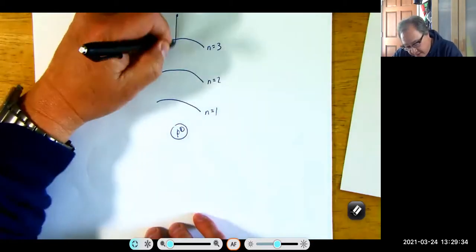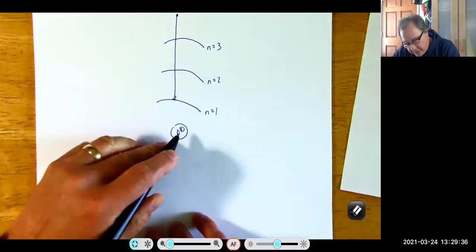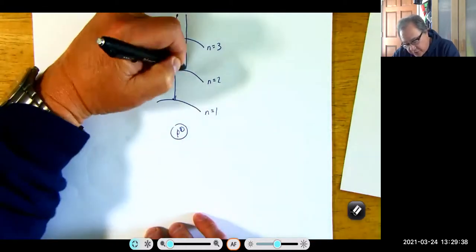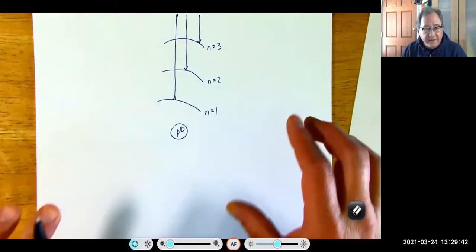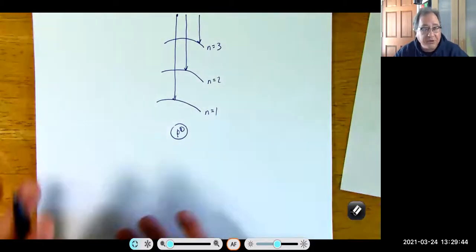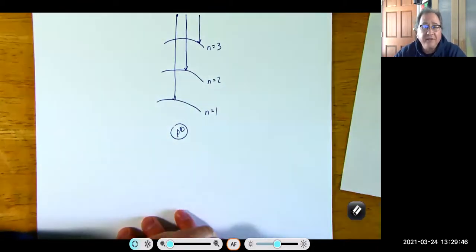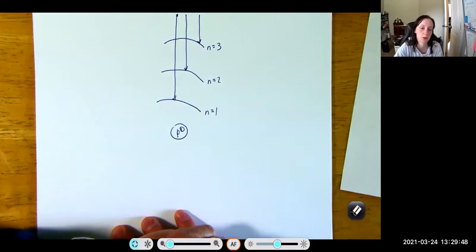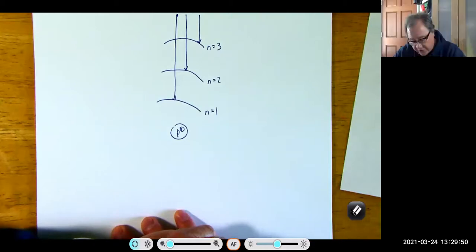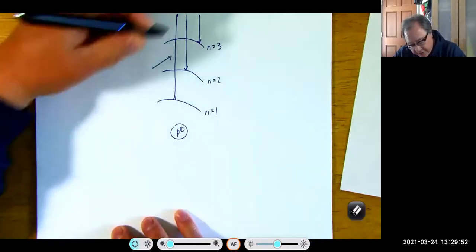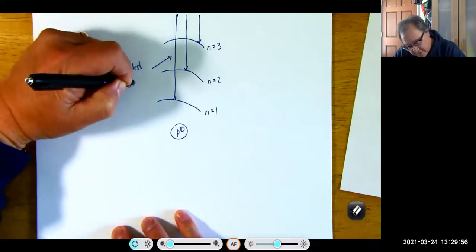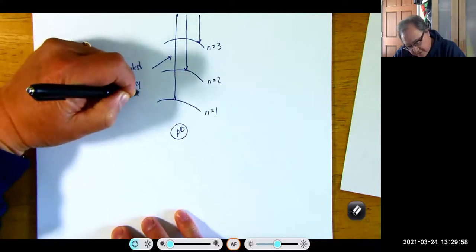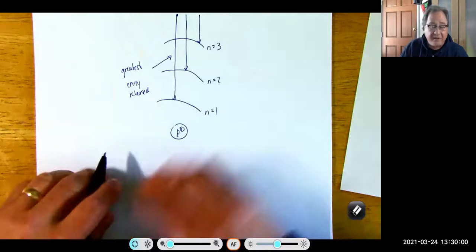When it ends up here at n equal 1 versus here at n equal 2 versus here at n equal 3, which one of these events will release the most amount of energy? Getting to n equals 1. Correct. So this is going to be the greatest energy. And this will be the least amount of energy released.